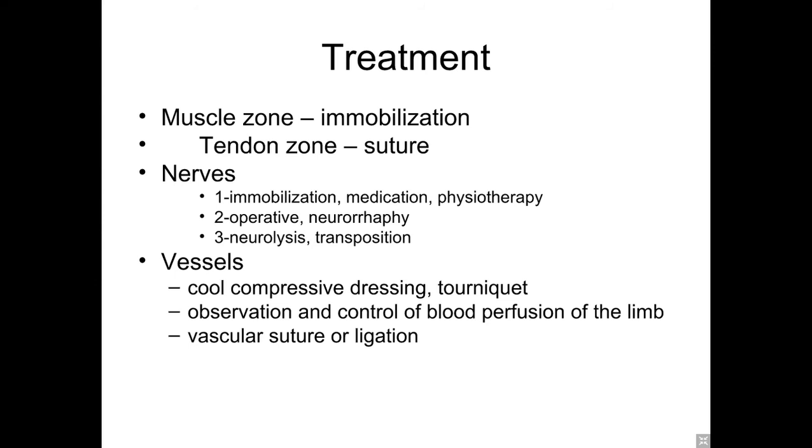We have to change the position of the nerve. We usually take the nerve from the ulnar canal around the medial epicondyle, and we place the nerve in front of the elbow.